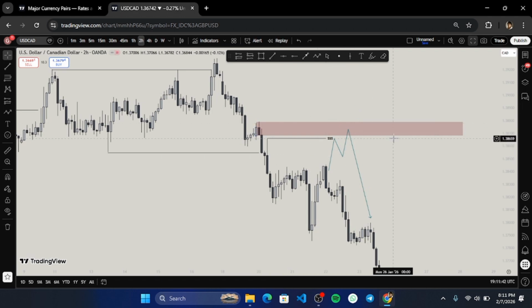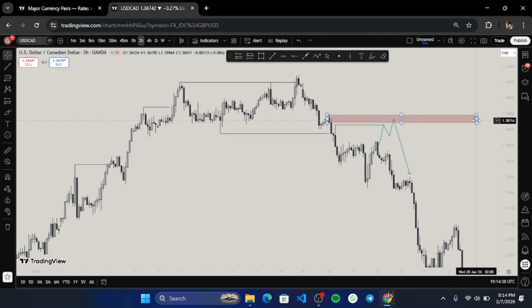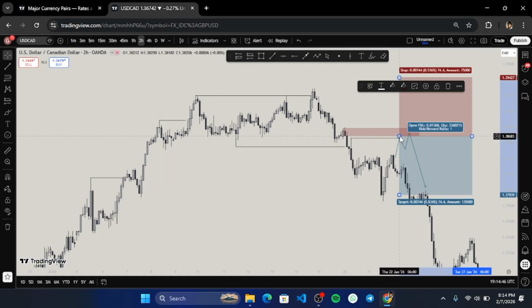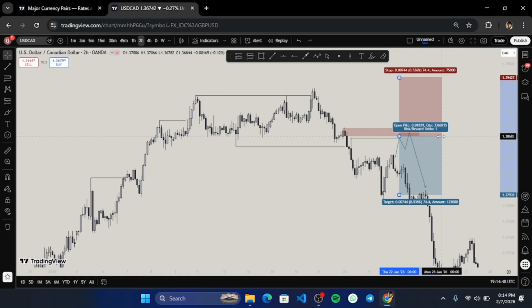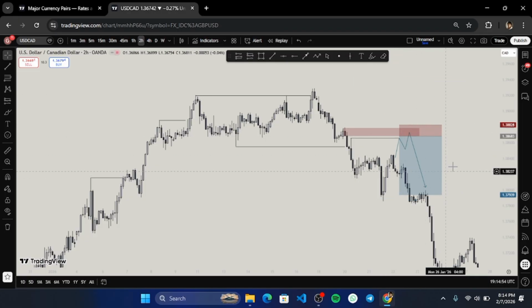All right, so this was the ideal trade for me to take. And one thing I like about my strategy is that it gives you high probability trades. So like I said, if the market came back, let's say the market gave us an opportunity to sell from here, this would be a very ideal place to sell from. So I will set my stop loss just above my supply zone.